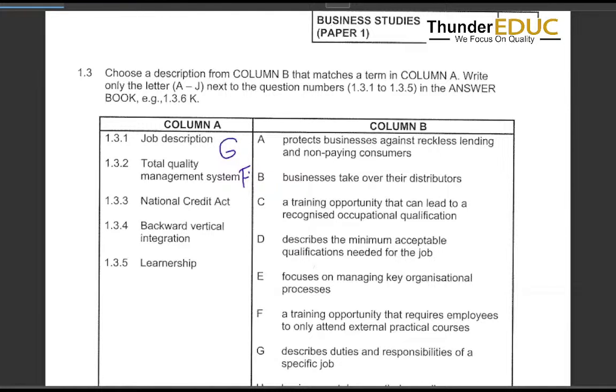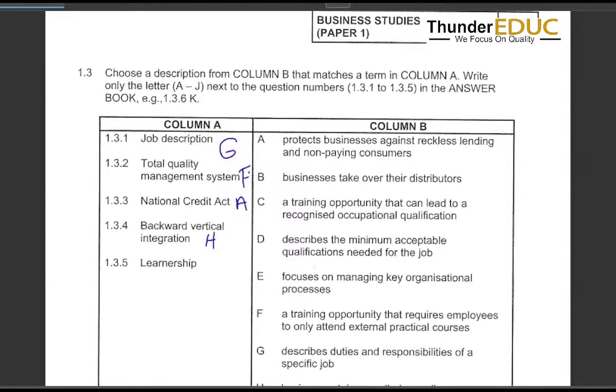The National Credit Act protects businesses against reckless lending and non-paying customers, so our appropriate answer is A. Now let's check 1.3.4 where we have backward vertical integration. The appropriate answer for this one is going to be H, where businesses take over their suppliers.